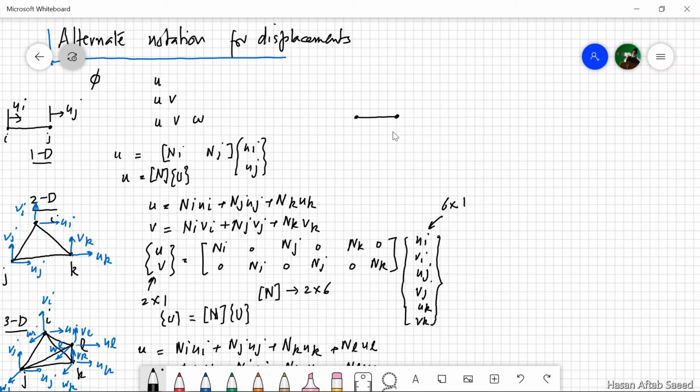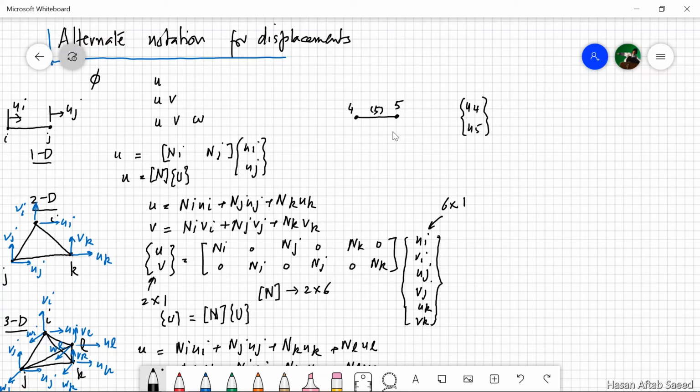Let's say an element number 5, for example, in any problem. Node is 4 and node number is 5 here. Now, the degrees of freedom associated with these node 4 and node 5 is U4 and U5 simply.